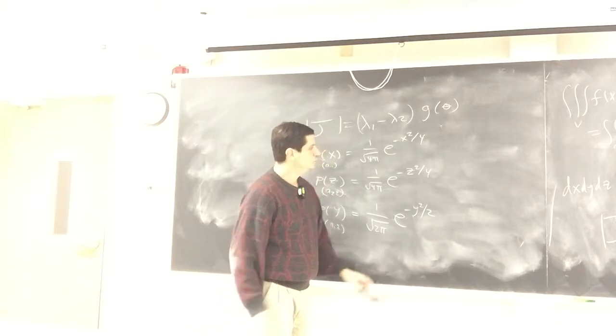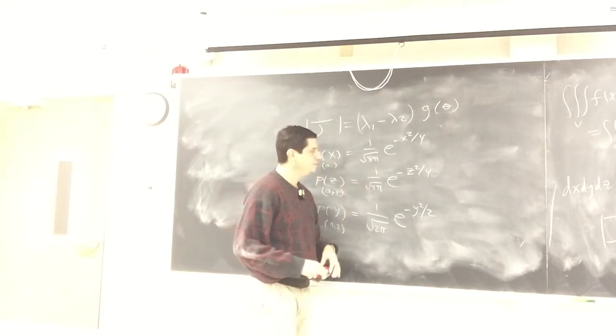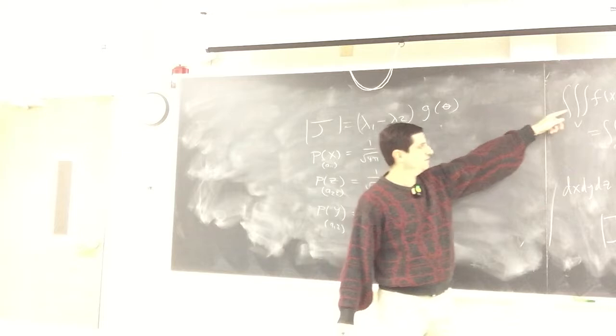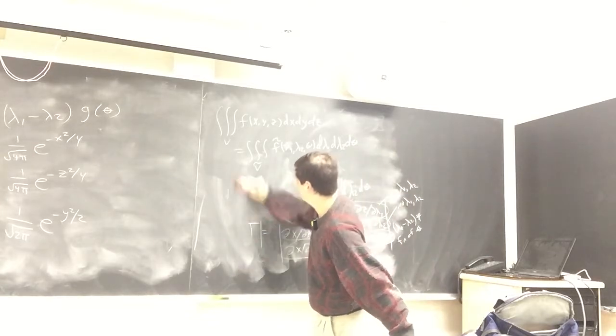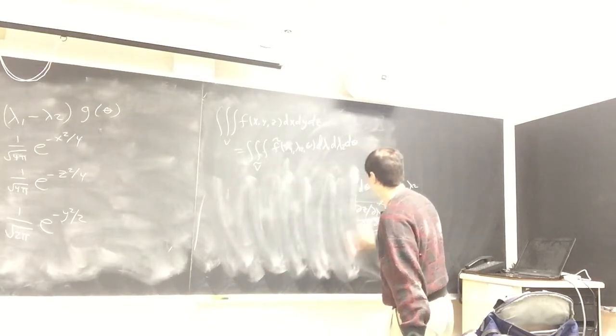What we want to do now is figure out the function f of x, y, z. We know that we're going to have this Jacobian coming in, and we know a lot of what that Jacobian looks like.